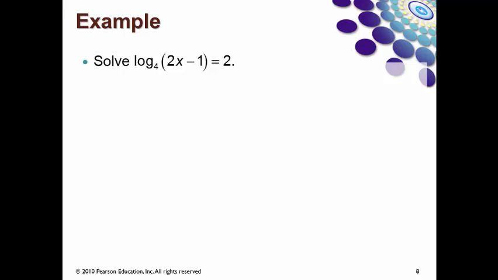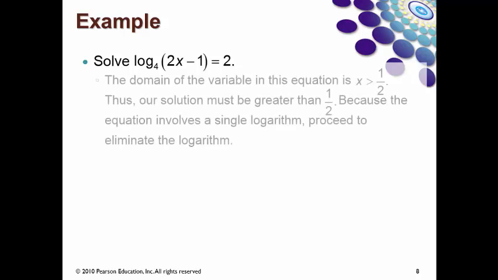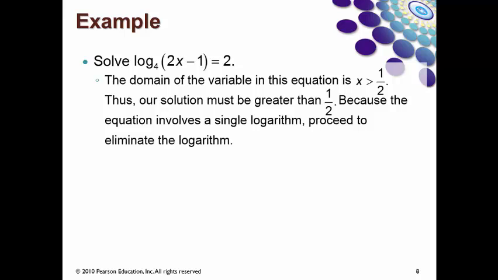If I have the base 4 log of 2x minus 1 equals 2, then the domain of the variable is all x bigger than 1/2. I obtain that by setting 2x minus 1 greater than 0 and solving, because this input to any logarithm has to be bigger than 0.